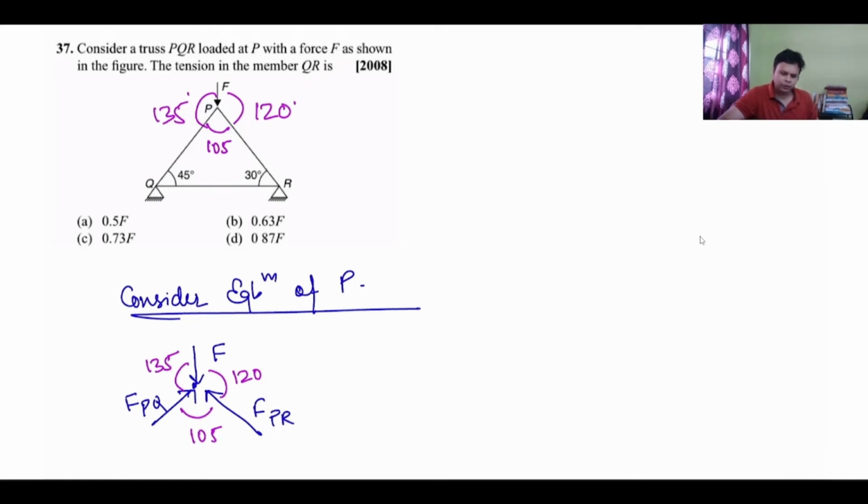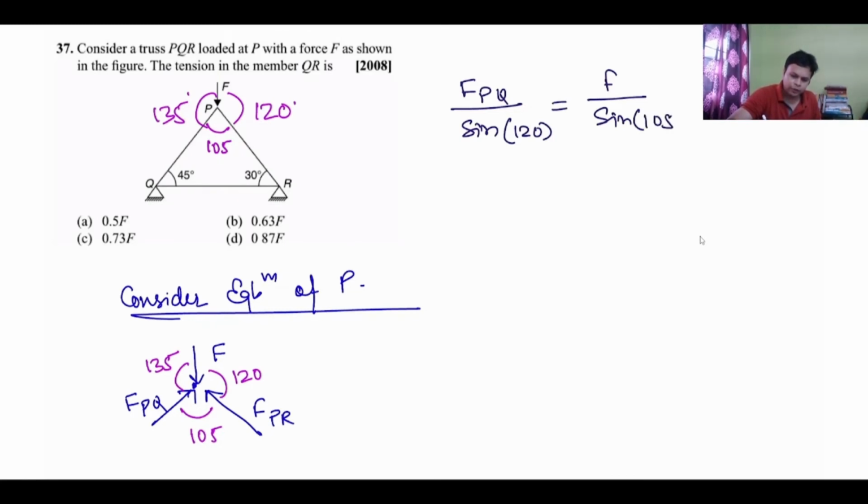So this angle is 105, this is 120, and this angle is 135. So you can use Lami's theorem and find out what is the force in member PQ. Let me say FPQ divided by sine of 120 is equal to F divided by sine of 105. So this implies FPQ is equal to F times sine 120 divided by sine 135.